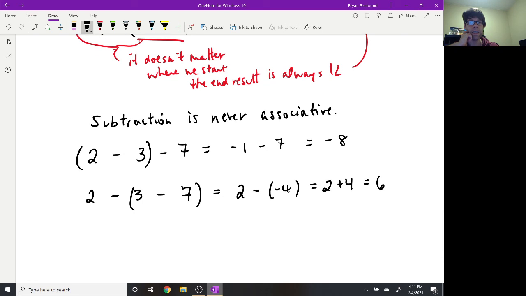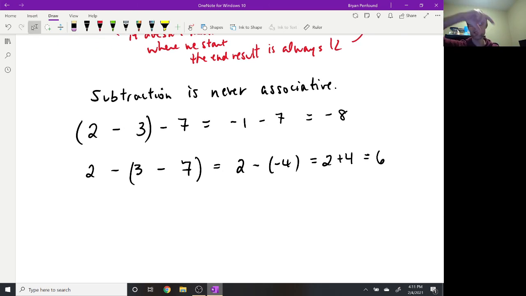Okay, so the idea here is, the order that I subtract these numbers in is going to be important. Whether I start with the first 2 or start with the second 2, I get a different end result of either negative 8 or positive 6. So that's the idea with associativity. The way that I pair these numbers up and actually do the operation is important. So we get a different result.